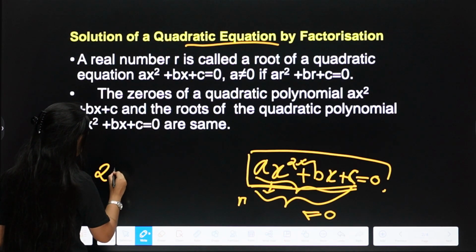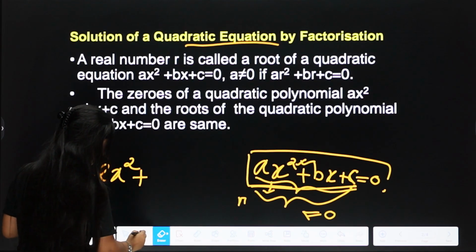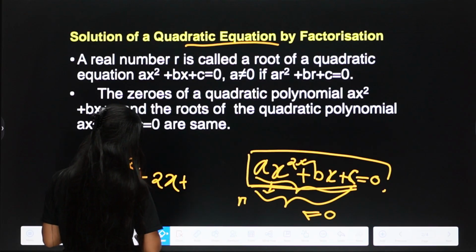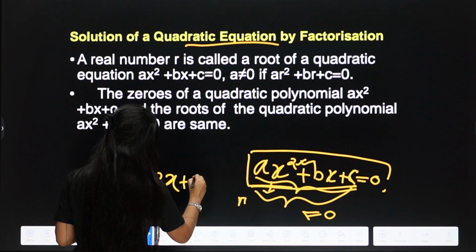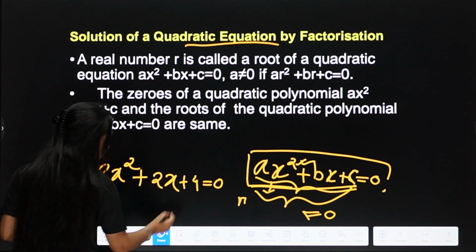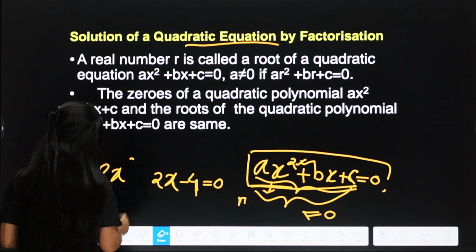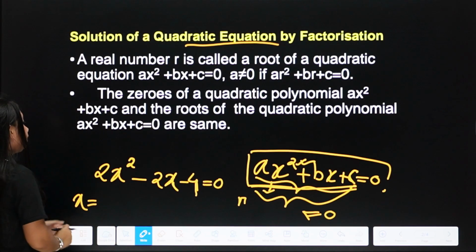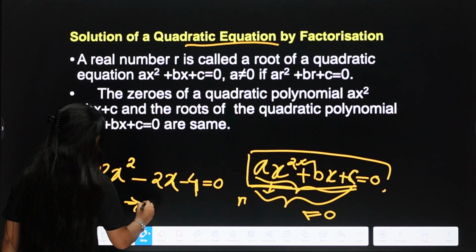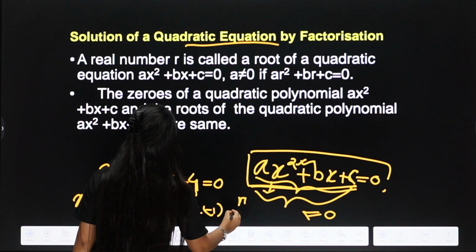So for example, take 2x square minus 2x minus 4 is equal to 0, and if we put x equal to minus 1, it will be 2 into minus 1 whole square minus 2 into minus 1 minus 4.